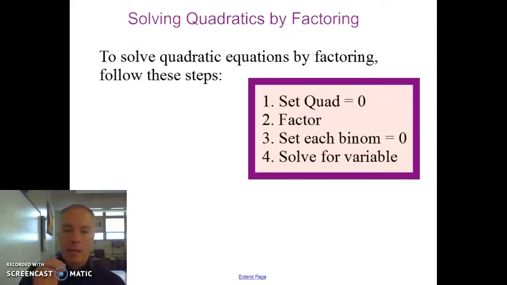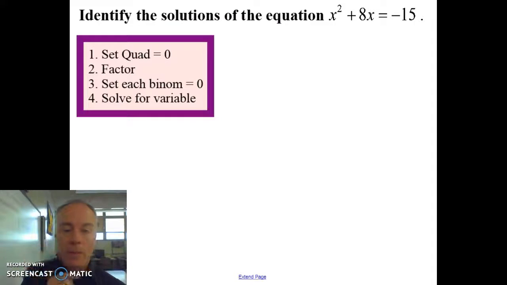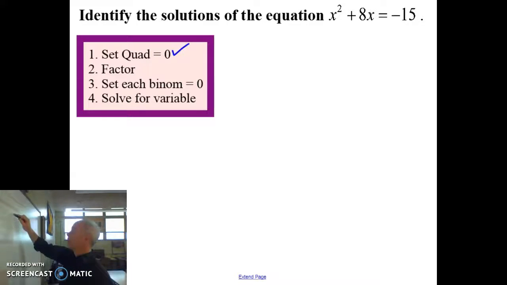So first step, set quadratic equal to 0. Second step, factor into binomials. Then third step, set each binomial equal to 0. And finally, fourth step, solve for the variable. So in this example up here, our first step is going to be set the quadratic equal to 0. We do that by adding 15 to both sides.